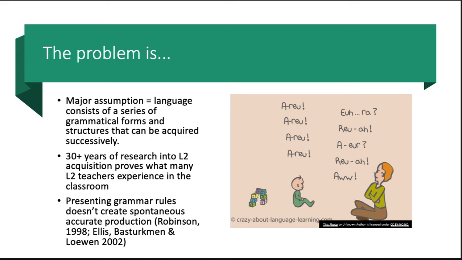So, if the goal of a language education program is to have students produce spontaneous and accurate language forms, then teaching grammar rules on their own, like we do in PPP, isn't enough. We need to find more natural ways of learning a language, like we do in the communicative approach. This supposition is supported by over 30 years of research into language acquisition and learning.